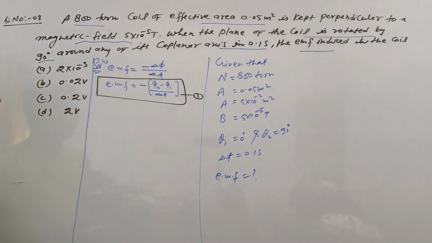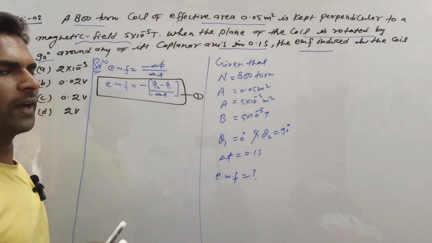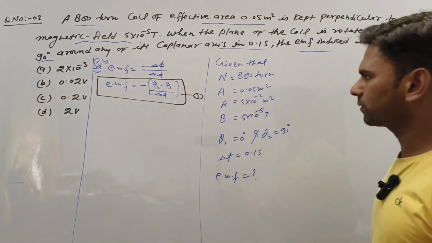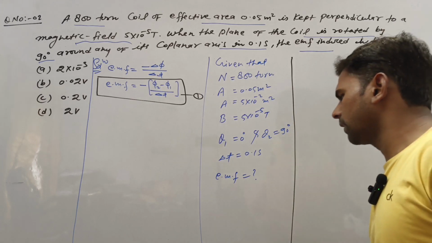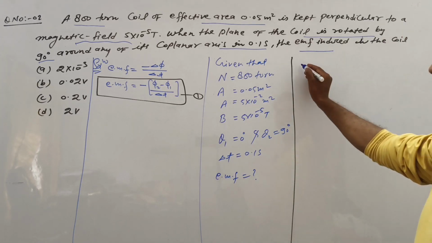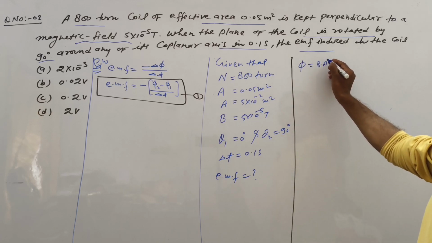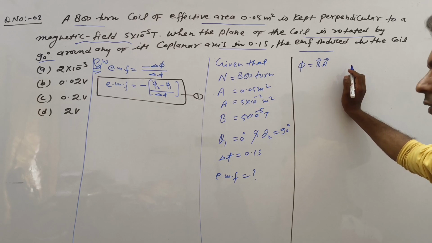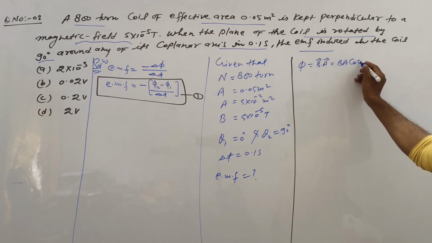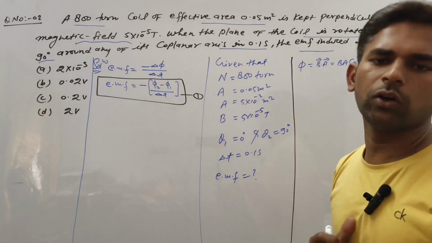In this formula, we need to find phi 1 as well as phi 2. Phi is the notation of magnetic flux. How can we consider magnetic flux here? You know very well magnetic flux is defined as phi is equal to B dot A, in dot product situation. You can write BA cos theta, but here the number of turns is also given.